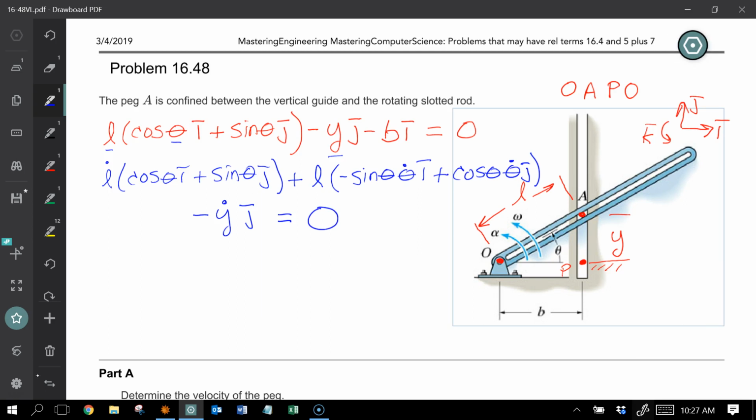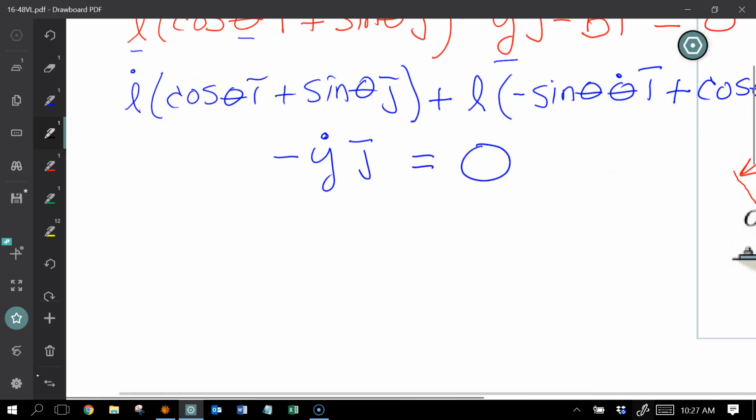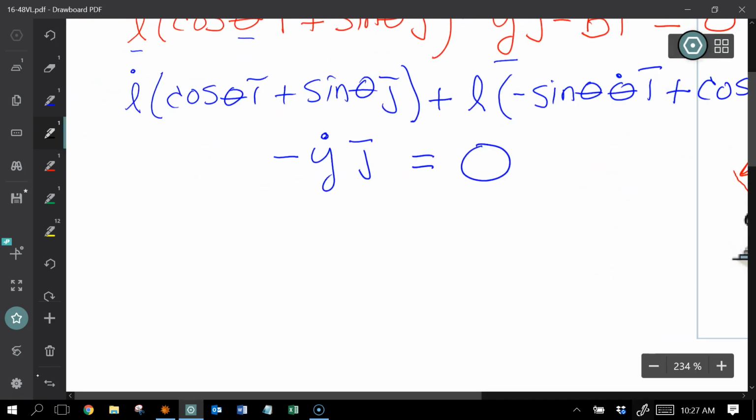If you want to keep going, we'll take a second derivative of this. It's going to get a little bit hairier, but here we go. For the second derivative, we're going to do the first blue term. That would be a product, right? So that's going to be L double dot cosine theta plus sine theta, plus the first term times the derivative of the second term.